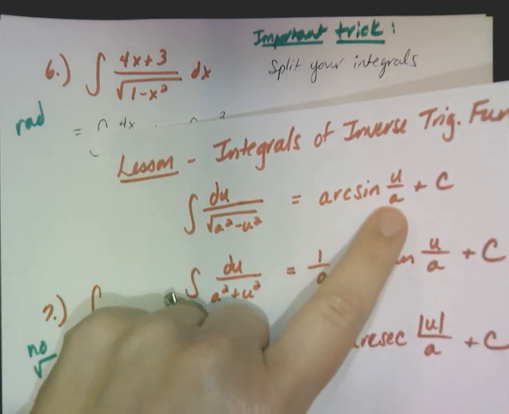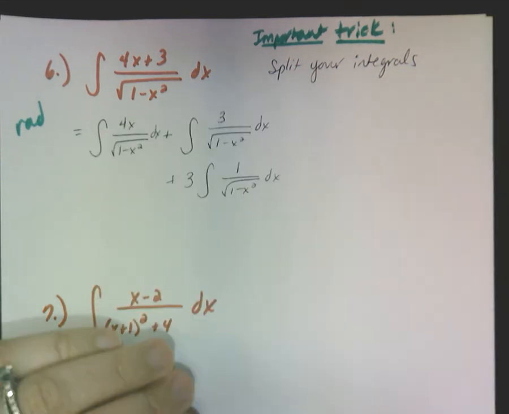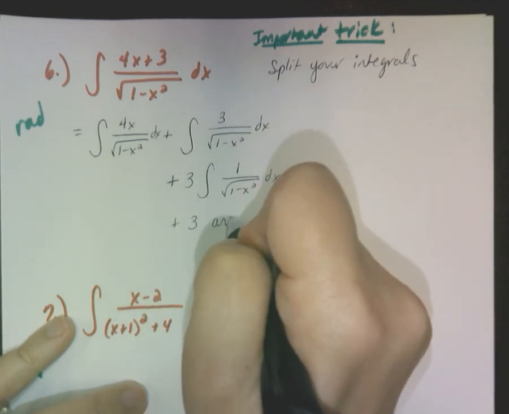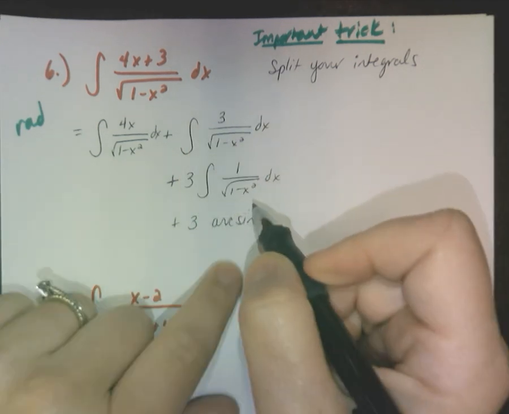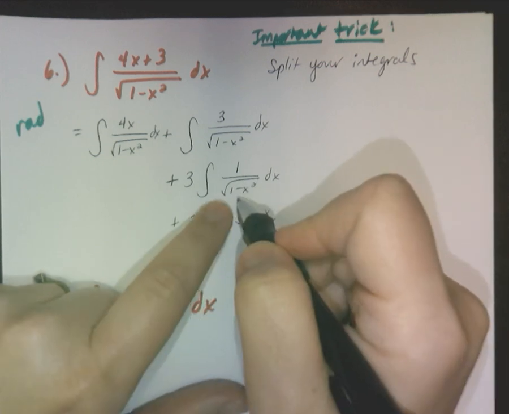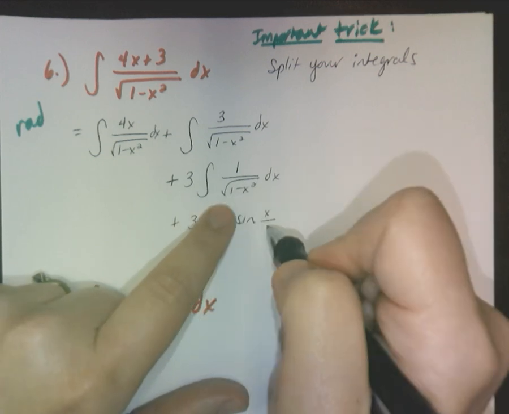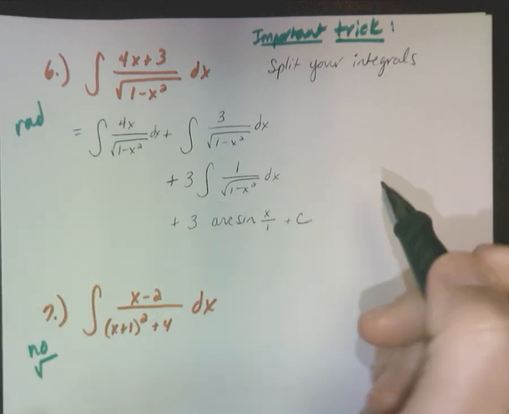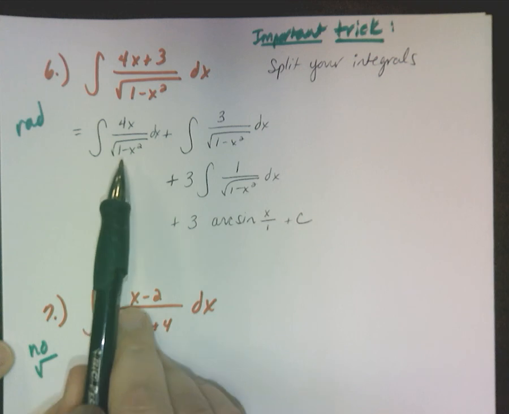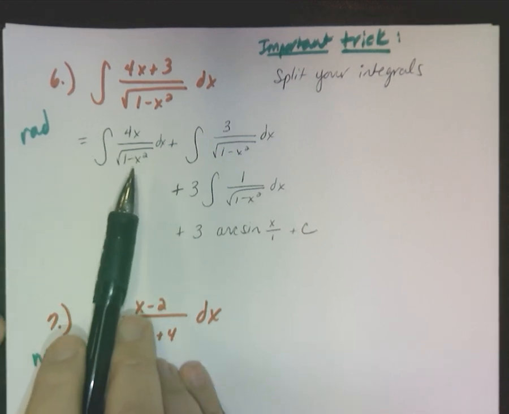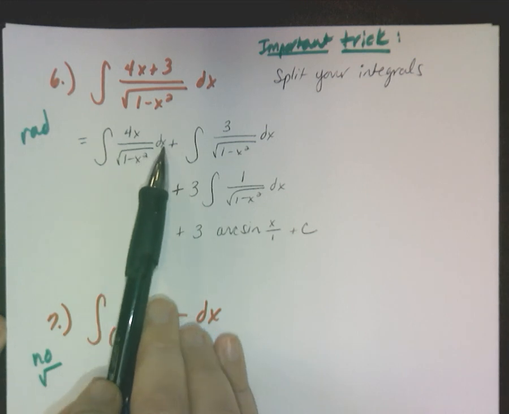So it's just arc sine of u over a plus c with that 3 out in front. So this is just arc sine of u, this would be u squared, so u would be x, over, this would be a squared, which would be just 1. So arc sine x plus c. There's that one.